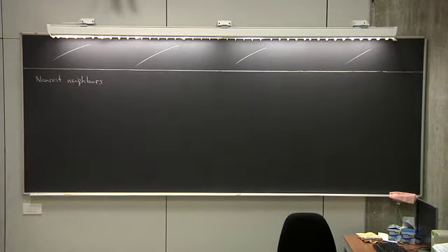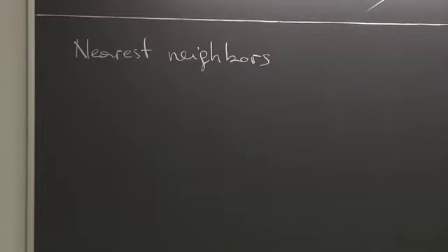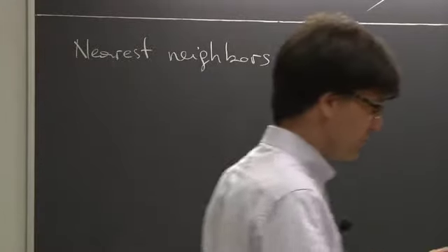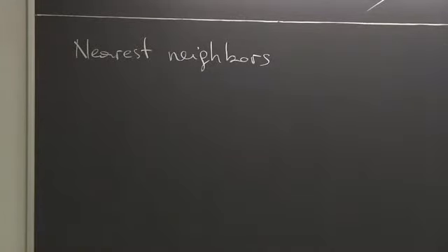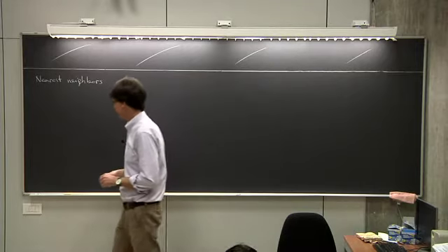A very important concept, particularly when we discuss electronic structure in the future, is the concept of nearest neighbors. That is what you see immediately in your vicinity: how many atoms you see at a given distance from yourself, if you position yourself on a given atom.